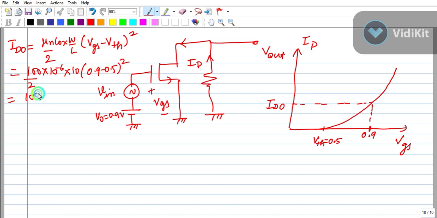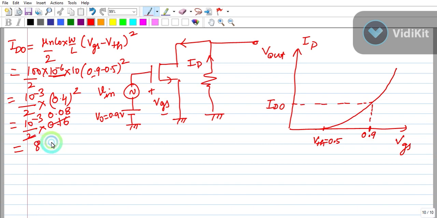So it will be 10 to the power minus 3 after solving this, divided by 2 into 0.4 squared. So it will be 10 to the power minus 3 divided by 2 into 0.16, which means 0.08, or we can say 80 microampere.